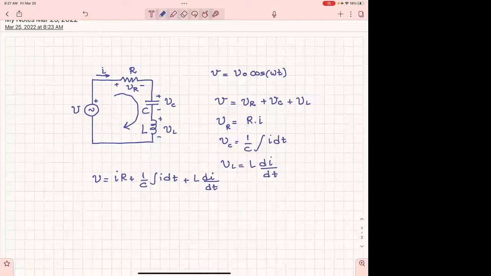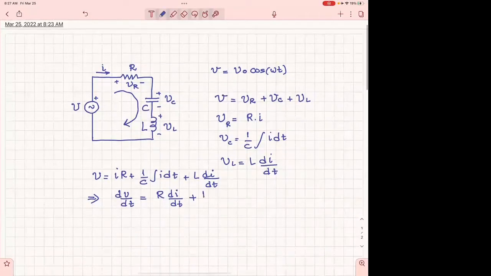So yes, we have one unknown in the problem, but we have an integral and a derivative. And then how would you solve this problem if you wanted to get rid of the integral? You would take a second derivative, all right? So you would say dv dt will be R di dt plus 1 over C I plus L d square I dt square.